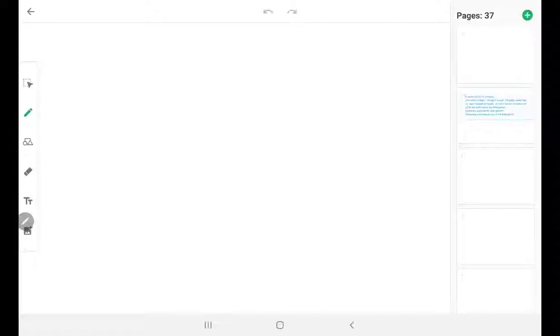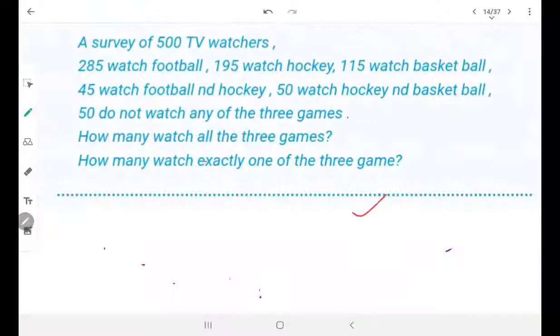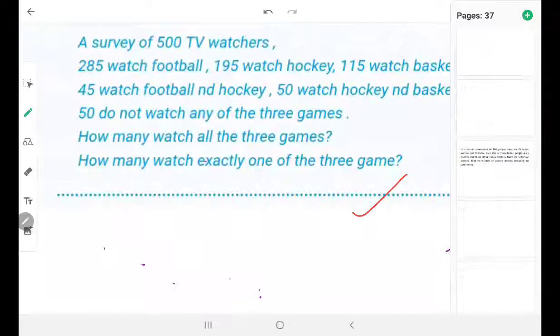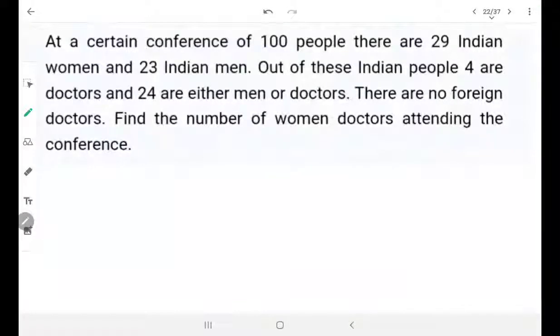Then one question is an exercise for you, and that question is this one. This is a question for you to practice, and one more question is there. Yeah, this one. At a certain conference of 100 people, there are 29 Indian women and 23 Indian men. Out of these Indian people, 4 are doctors and 24 are either men or doctors.